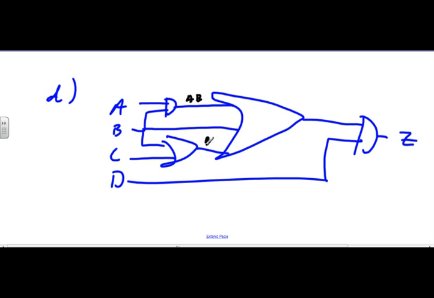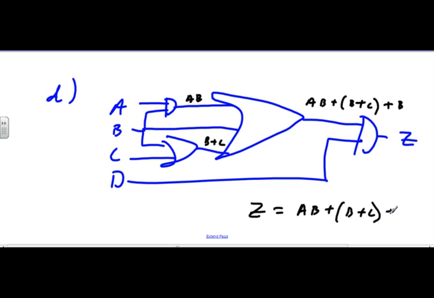A, B, B or C, A, B or B or C. Z would be... Isn't there also a B coming in the middle there? Or B. There we go. Okay, gotcha. A, B or C or B or, and D. And that could be simplified too, but we're not going to.